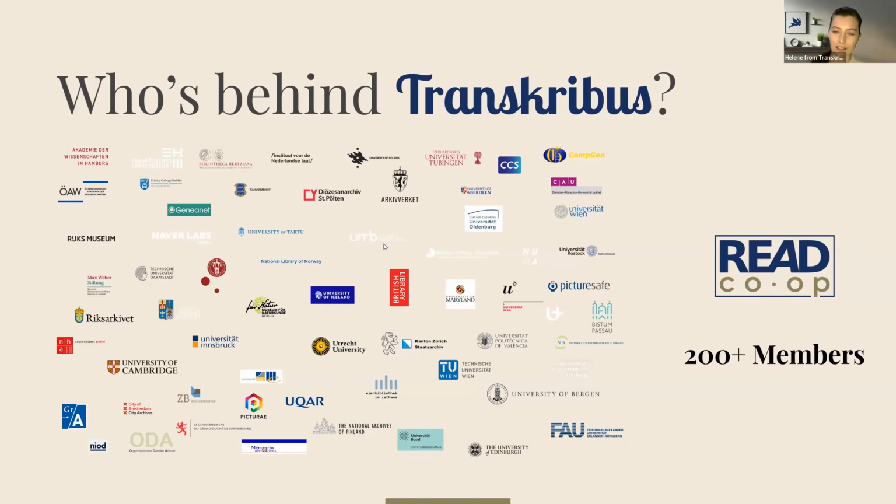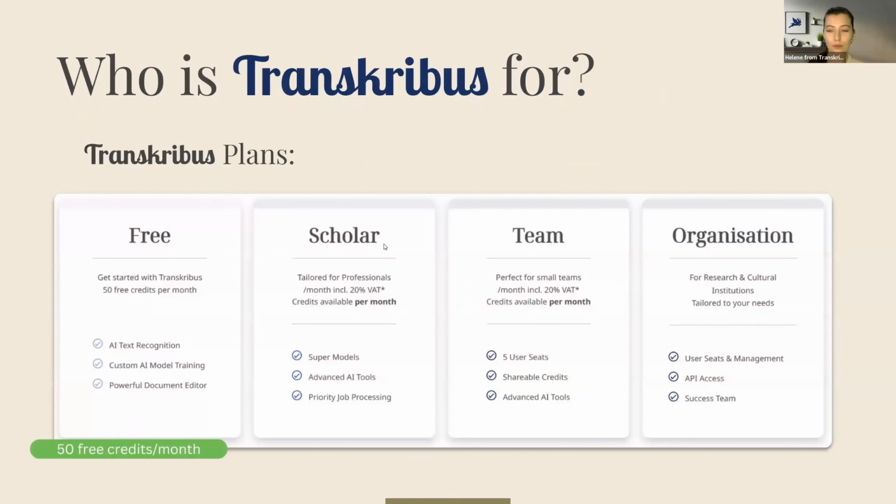We also do that by having different individual scholar plans, by having a subscription plan. We will always have our free plan for everyone that has all the Transkribus features that Transkribus is known for. So training models, using public AI models, also the baseline models, of course, and using the editor. For more professional use or research, we have our scholar and team and organization plans. You can have a look at our website at what those entail.